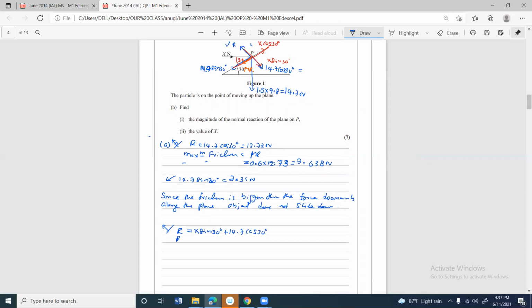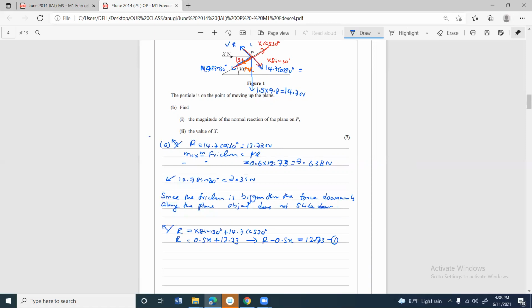So R equals 0.5x plus 14.7 cos 30. I think we already got this answer before: 12.73. So from here you get the equation R minus 0.5x equals 12.73. I'll keep this as my first equation.